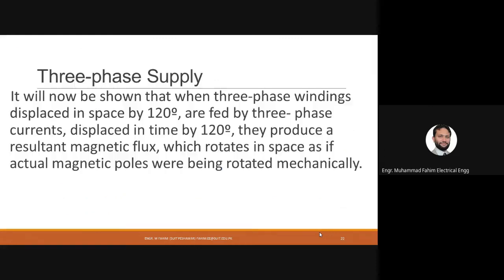Three phase supply. Now that was a two phase supply. Now we will see the three phase supply.